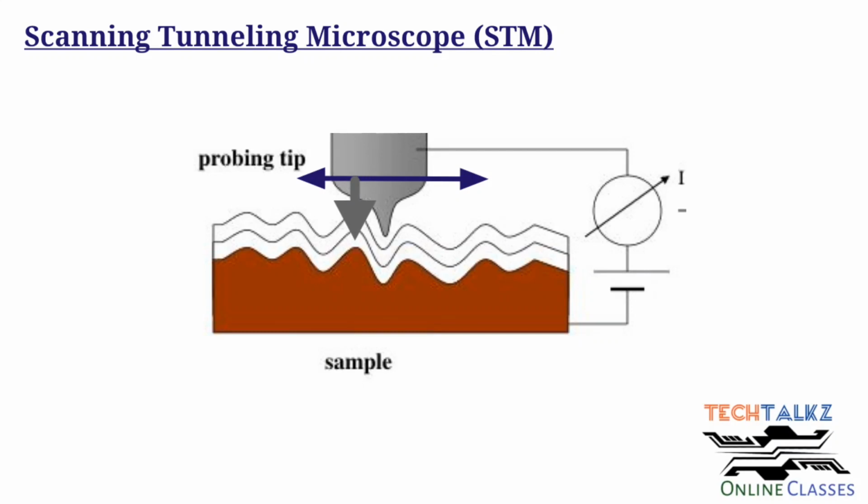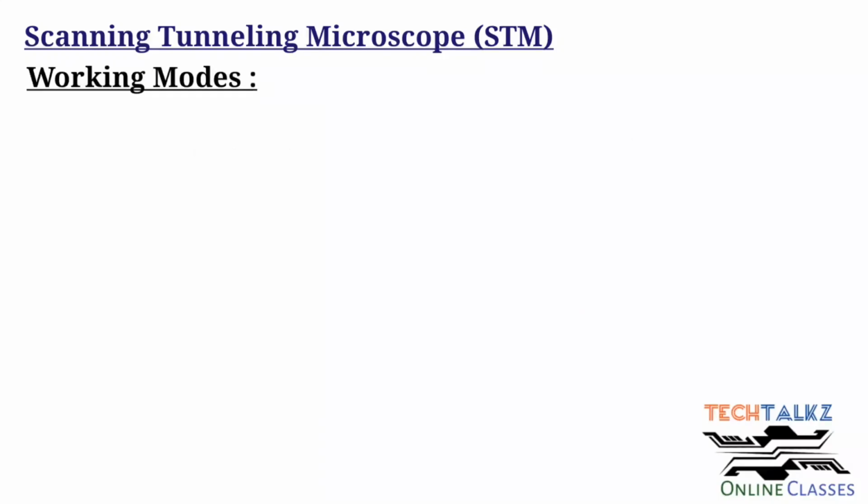And at this point, they are very close and the tunneling current is going to increase. So when the gap increases, the tunneling current decreases. It is inversely proportional. By analyzing this current throughout the sample, we can produce an atomic scale image of the sample.